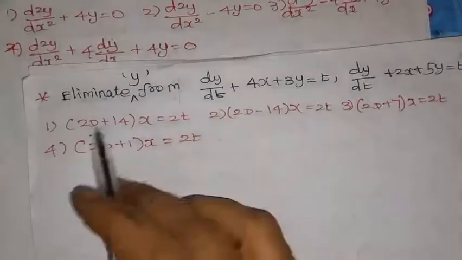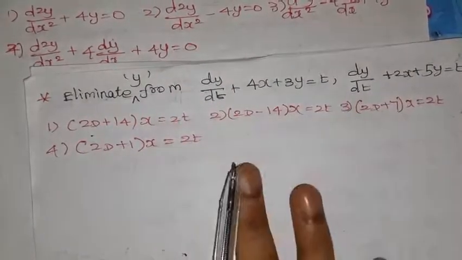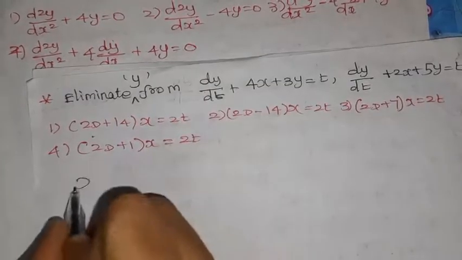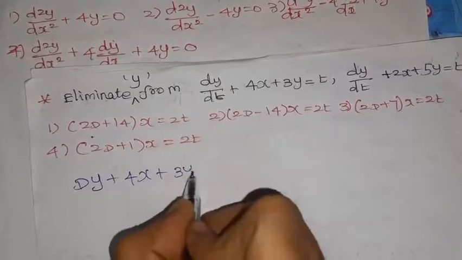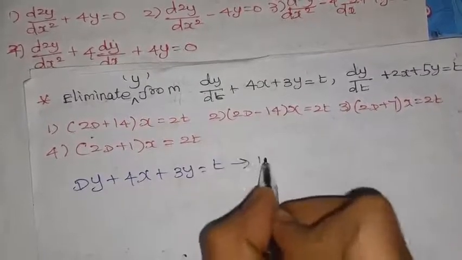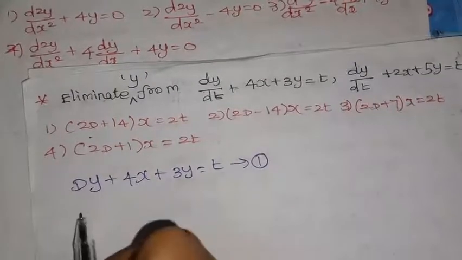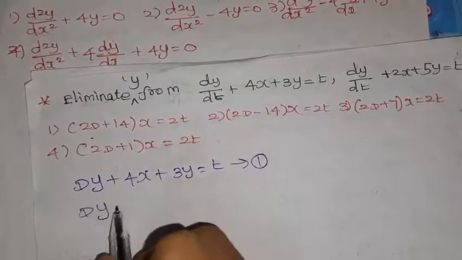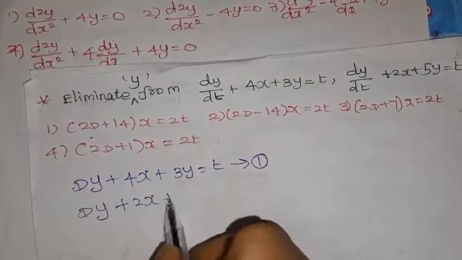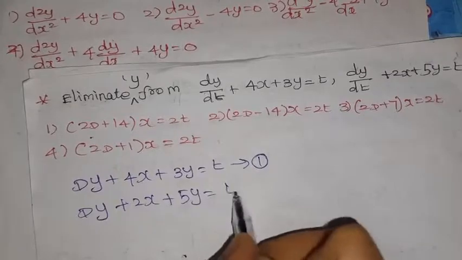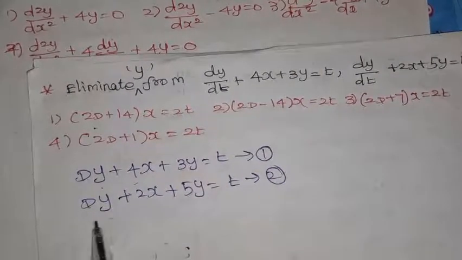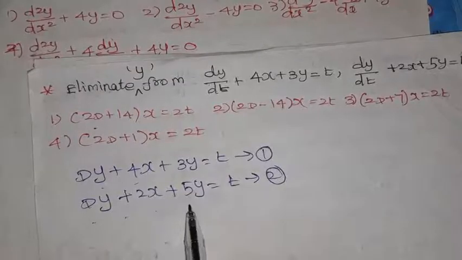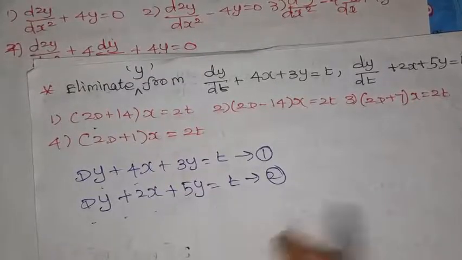From this, eliminate y from this equation. Okay, (d + 4)x + 3y = t, say it is equation 1. Then (d + 2)x + 5y = t.